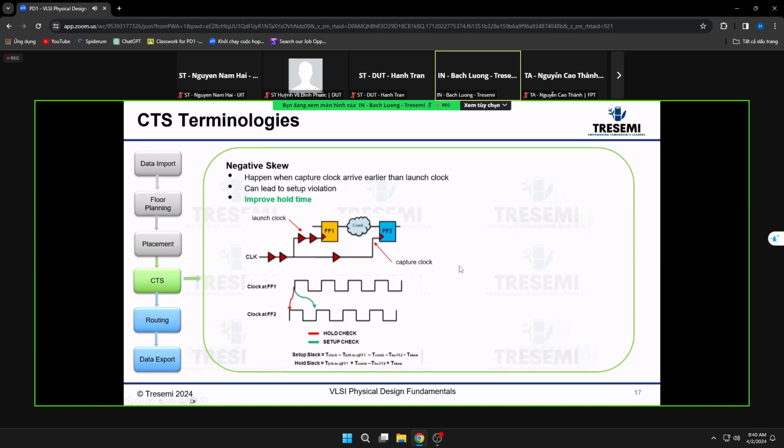Okay, so what if CPPR is enabled? Remember, CPPR is clock pessimism removal. What that does is, for example, this portion will be the CPPR, the clock pessimism removal.